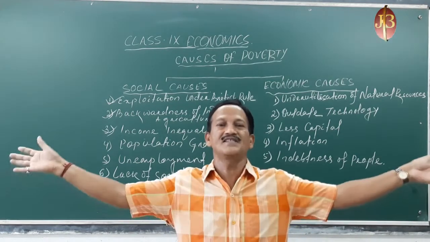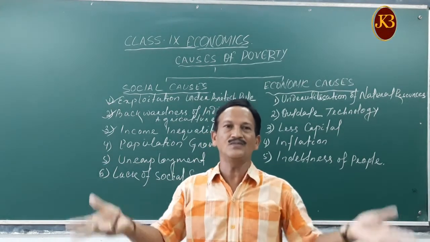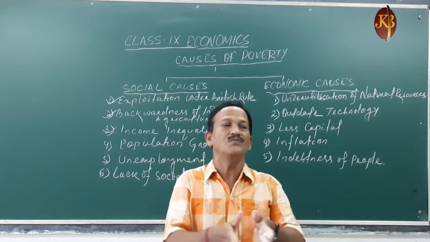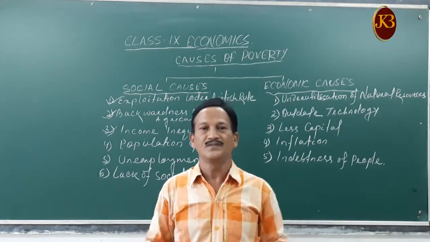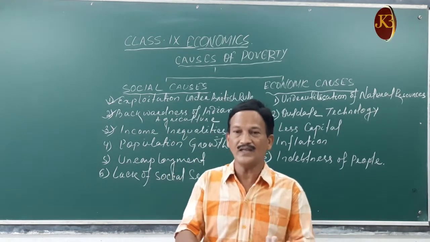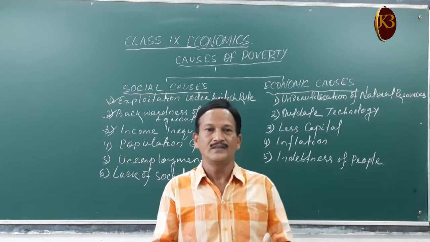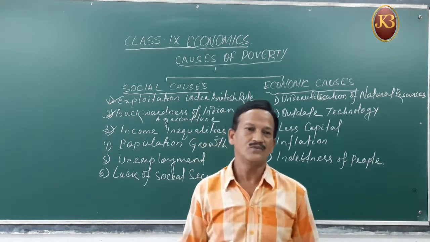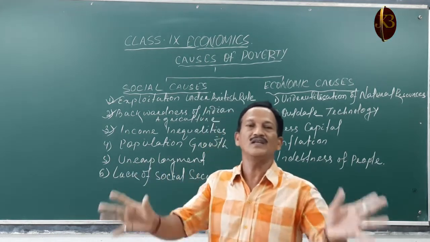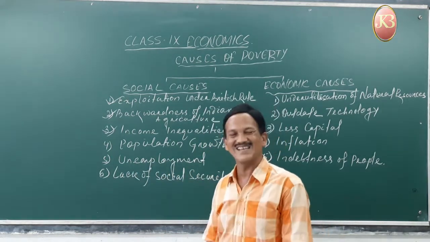If the family is large, that family will have more income; that is the mentality of the people. This should be removed. The family size should be less, not a large-size family.